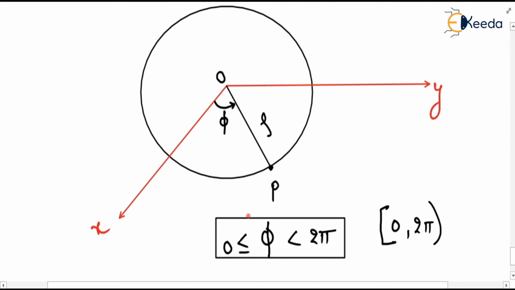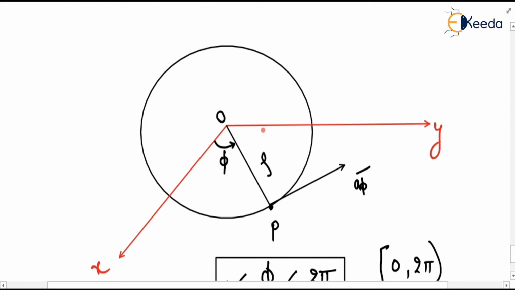So phi is the azimuthal angle. Now, what is the direction of the vector a phi? A phi is the unit vector, and its direction is in this way. Suppose I take the direction of a phi at this point. This is a tangent. This is a phi.